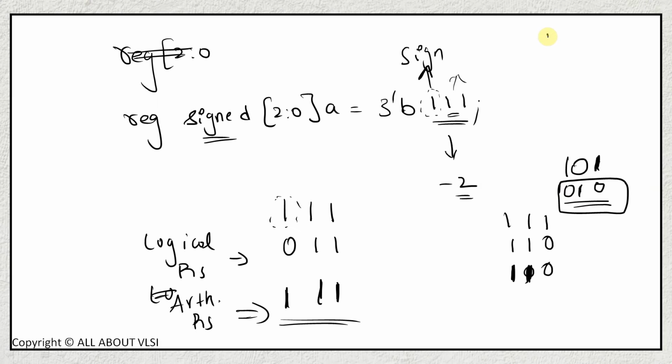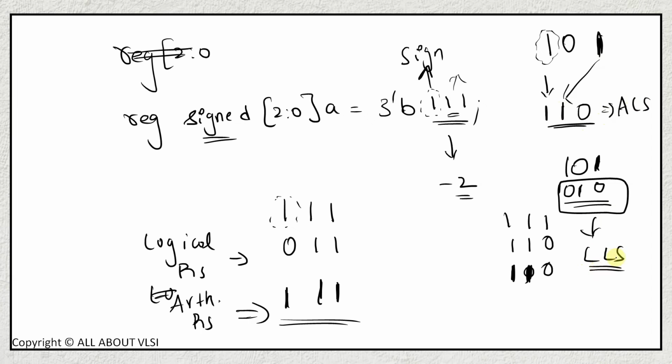But in the case of arithmetic left shift operation, the MSB is restored. It is not getting changed, and the remaining bits are getting shifted. So this 1 will be shifted over here, and one more 0 will be added. So this is the difference between arithmetic left shift operation and normal logical left shift.